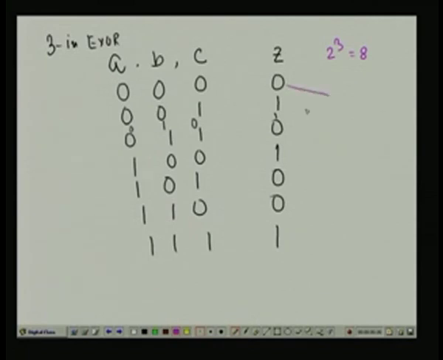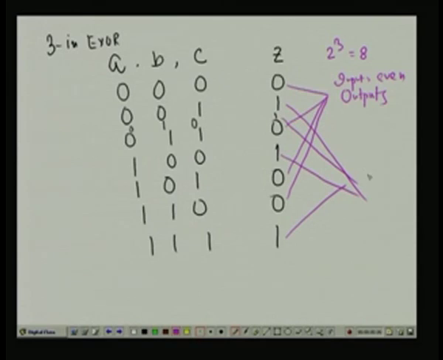Of these, there are 4 cases where the inputs are even, and then the output equals 0, and there are 4 cases where the inputs are odd, meaning the total number of ones in the input combination is odd, and then the output equals 1, which is our definition of the odd parity generator.